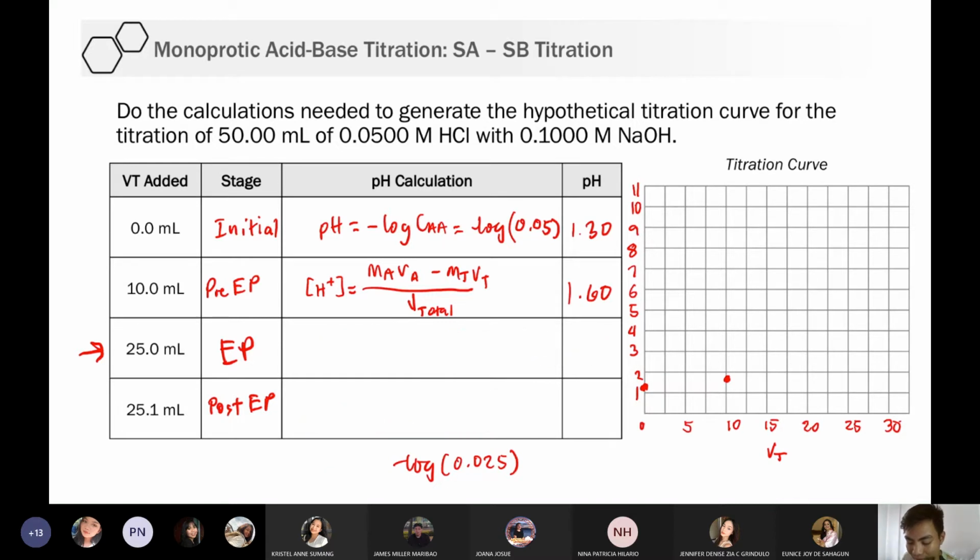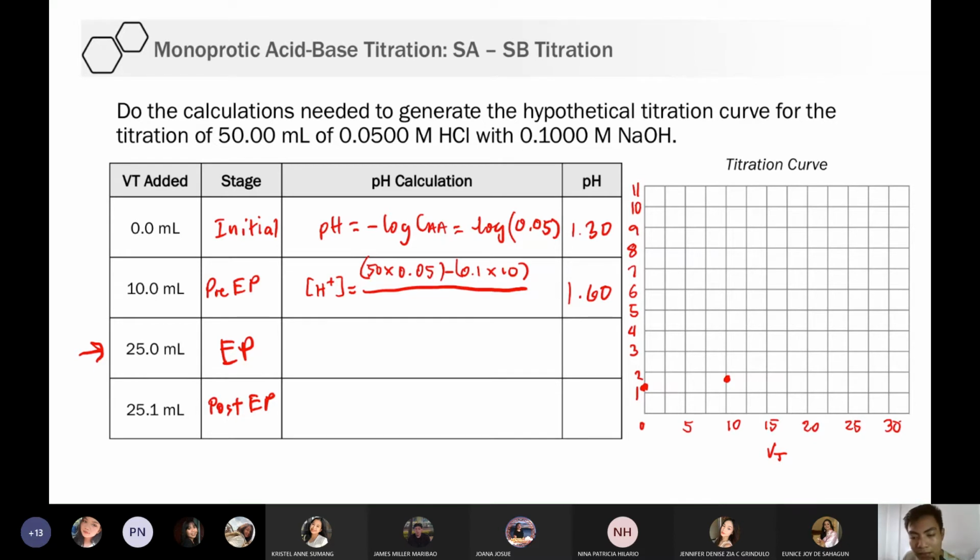Okay. So, let me just show how dito. Pakita ko kung ano yung equation na ginamit natin. That's 50 times 0.05 minus 0.1 times 10. Papansin nyo yung ml, di ko na pinapalitan, no? Di ba dapat liters? Pero okay lang. As long as ml gamit mo sa lahat, you're good to go.